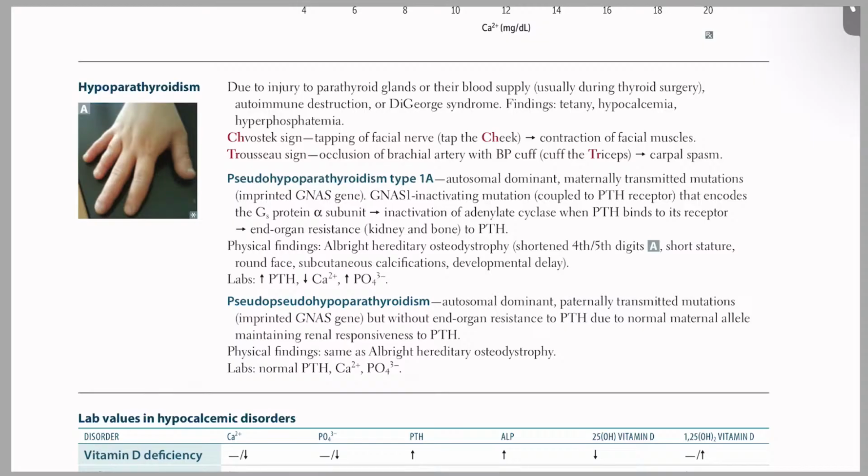Pseudopseudohypoparathyroidism: autosomal dominant, paternally transmitted mutation of the imprinted GNAS gene, but without end organ resistance to PTH due to the normal maternal allele, maintaining renal responsiveness to PTH. Physical findings same as Albright hereditary osteodystrophy, labs show normal PTH, calcium, and phosphate.